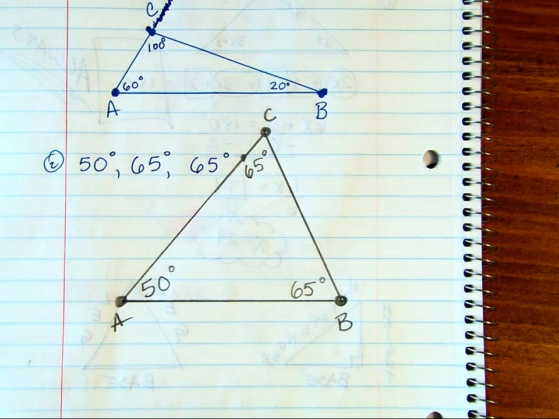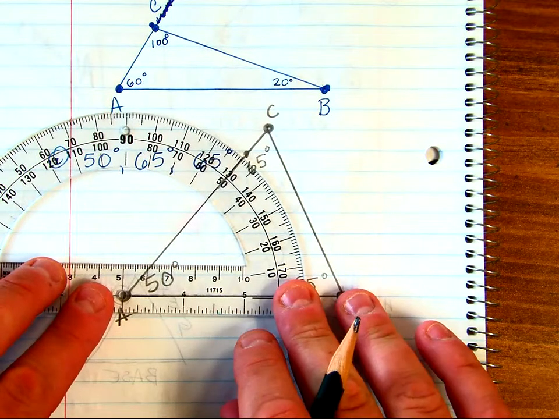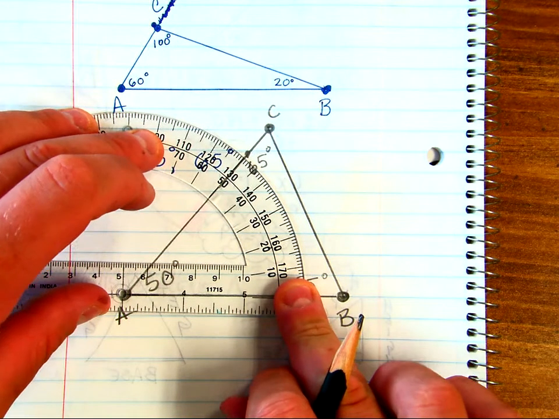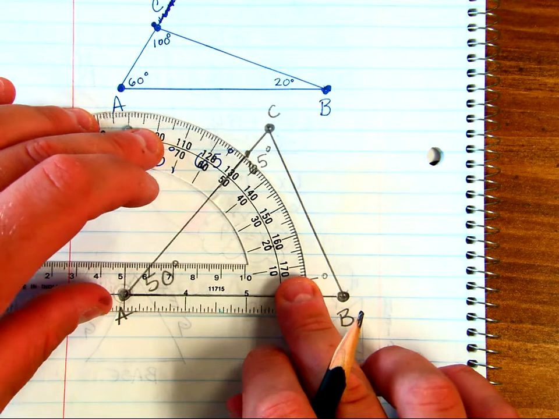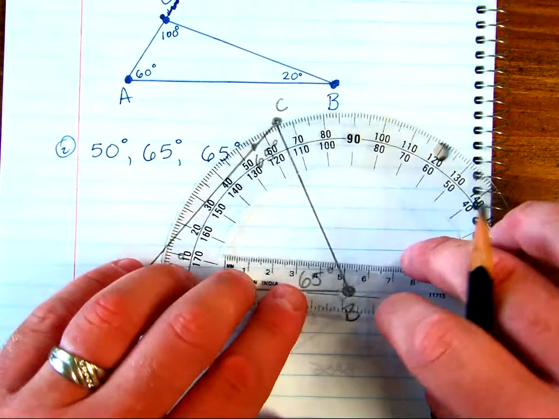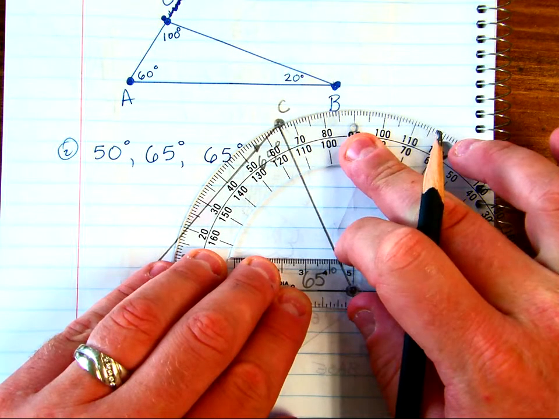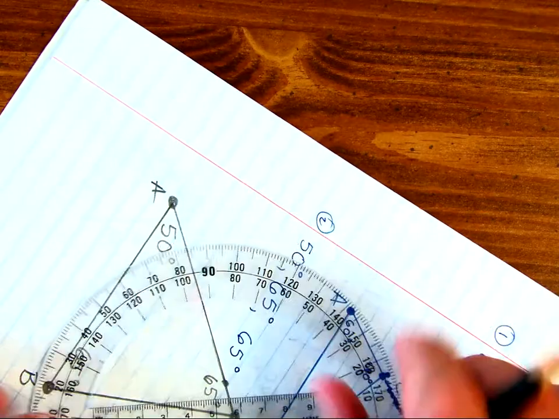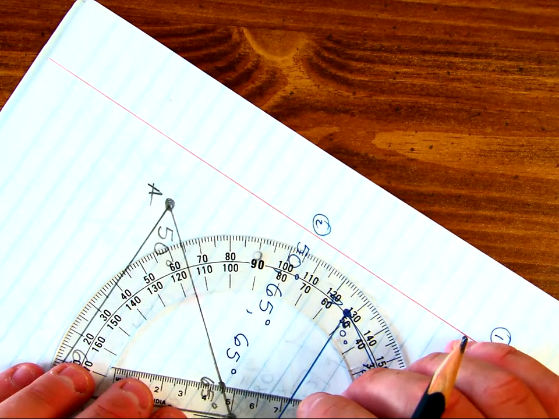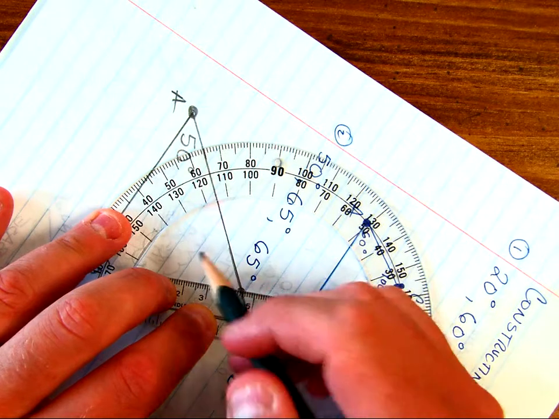Angle A is 50 degrees. Right? You see that? Okay. Angle B is how many degrees? 65. And angle C is how many degrees? 65.